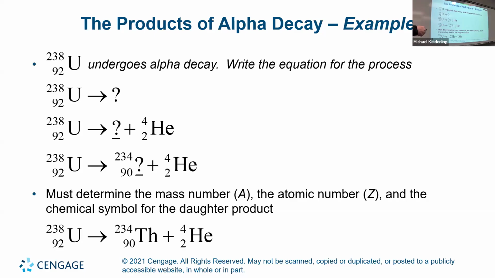So to get the atomic mass, we subtract 4 from this, so we have 234. To get the atomic number, we subtract 2 from 92, we get 90. And so that's thorium-234. Yes, thorium.